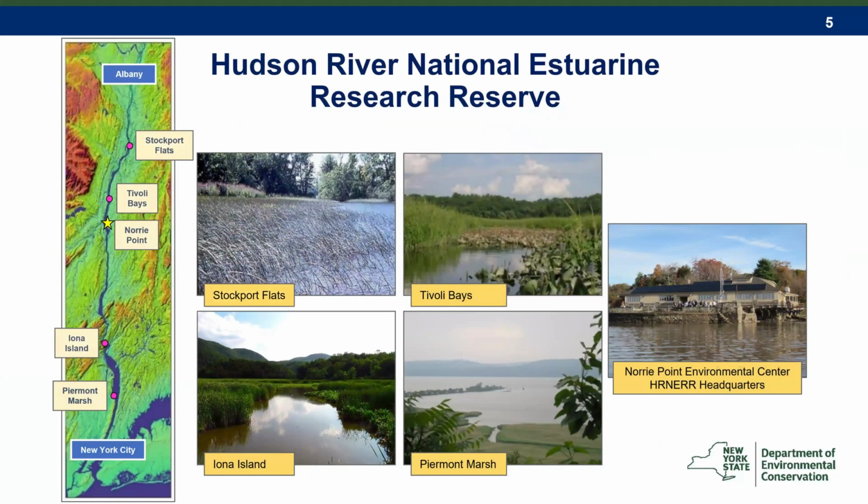Those 4 sites are spread across much of the valley in order to capture the range of habitats and salinity gradient within the estuary, going from fresh to brackish.